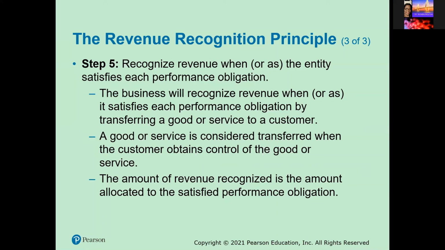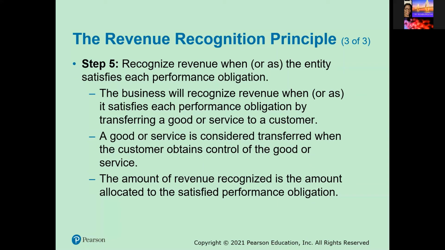A good or service is considered transferred when the customer obtains control of the good or the service. The amount of revenue recognized is the amount allocated to the satisfied performance obligation. That's the revenue recognition principle.